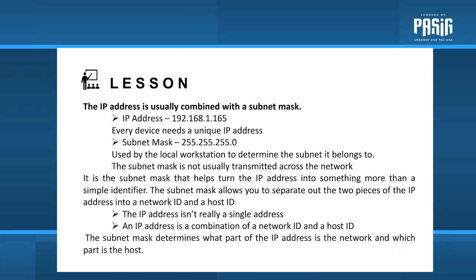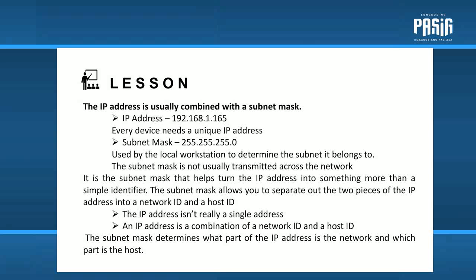The IP address is usually combined with a subnet mask. We have an example here, 192.168.1.165, and the subnet mask of that IP address is 255.255.255.0.